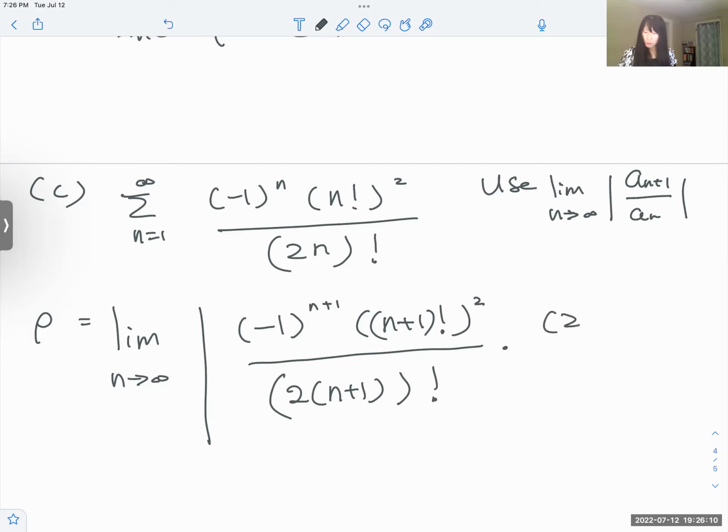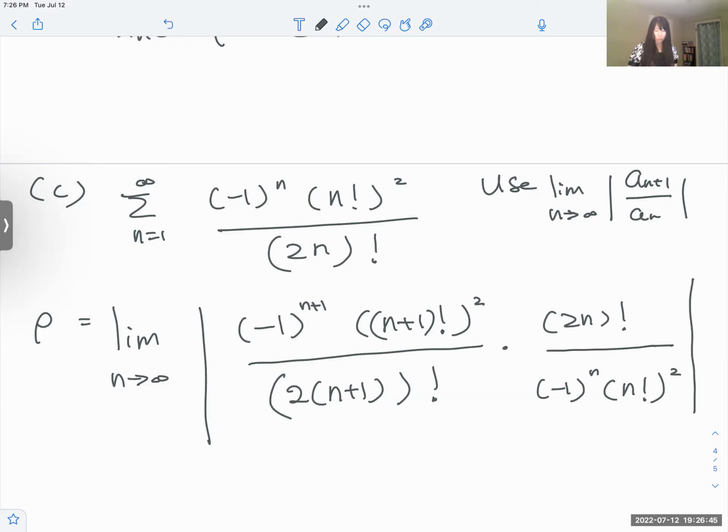So we have a 2n factorial there over negative 1 to the n plus 1. Hold on one second. Let me write this down. We need to do one more step. So n factorial squared, right? I did not make a mistake, so you can check that too.